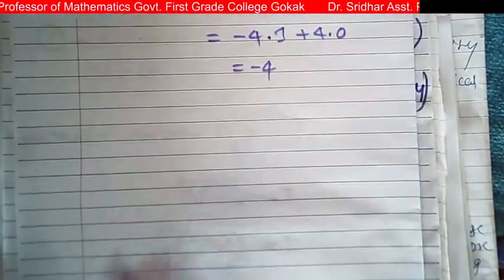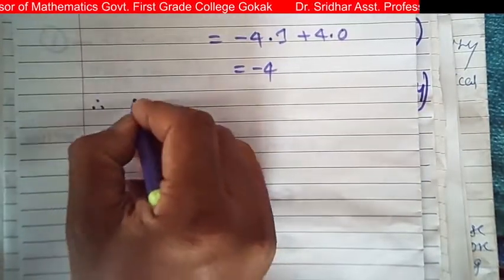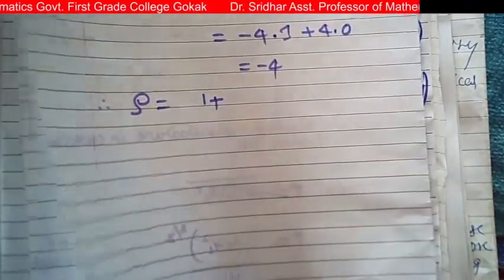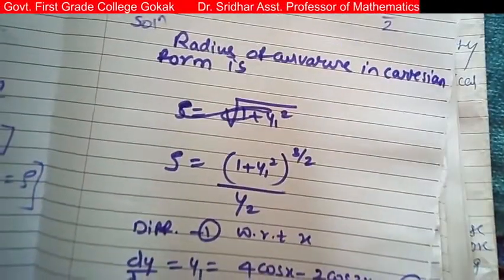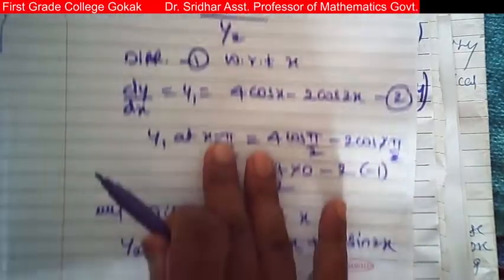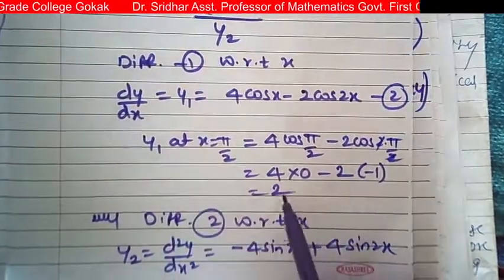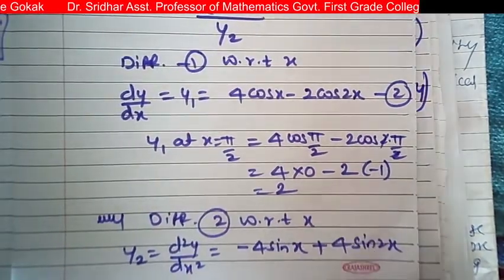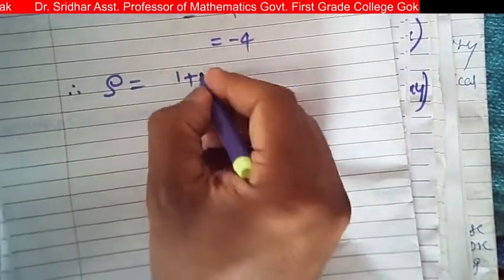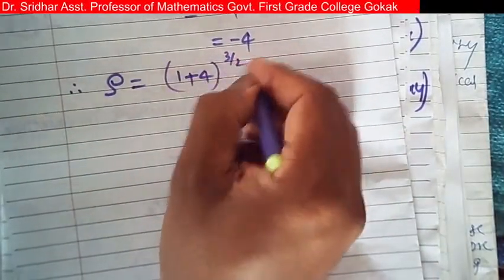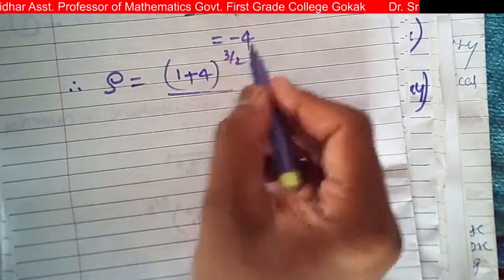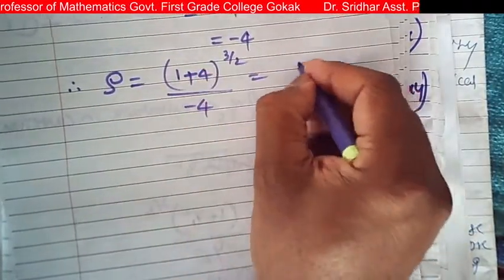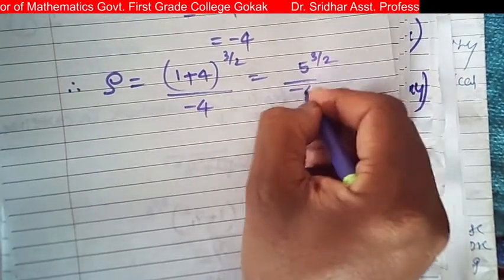Now we have both y1 and y2. So the radius of curvature rho is equal to 1 plus y1 square, where y1 at x equal to pi by 2 is 2, so y1 square is 4, raised to 3 by 2, divided by y2 at x equal to pi by 2, which is minus 4. So 4 plus 1, 5 raised to 3 by 2 divided by minus 4.